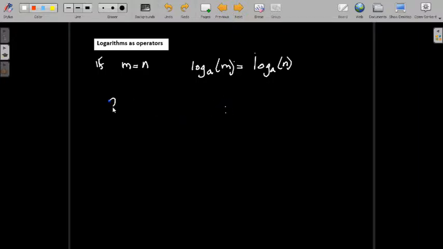So again, let's have a look at 2 to the x equals 5. And we had the solution that x equals log 2 of 5. Another way of working this out, using this method here.